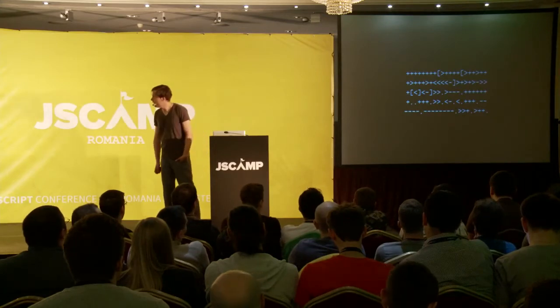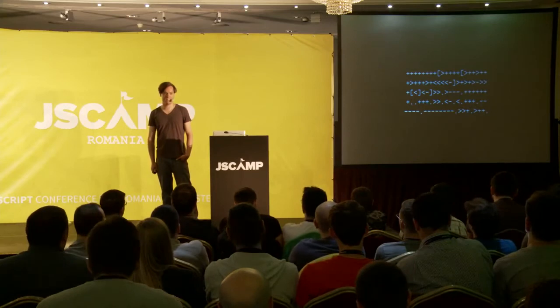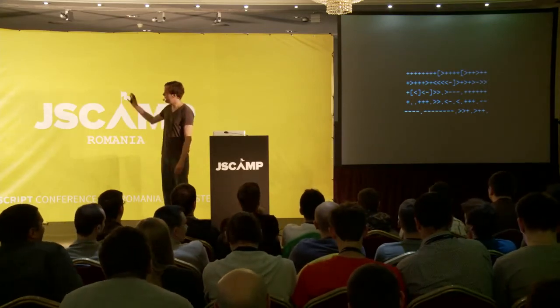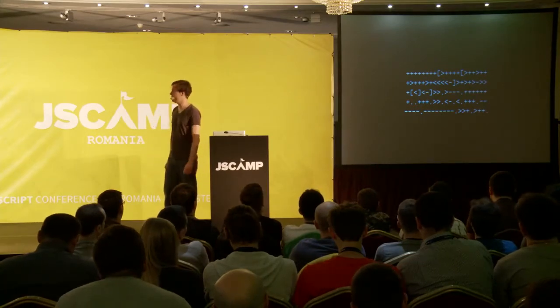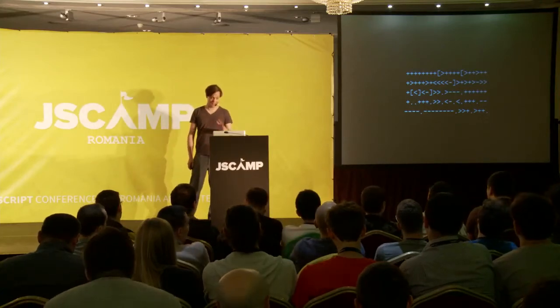One is a language called brainfuck, where you have 8 different characters to execute stuff. If you run this in the brainfuck interpreter, it outputs hello world. This is the basic example here. Okay, 8 characters, quite cool.